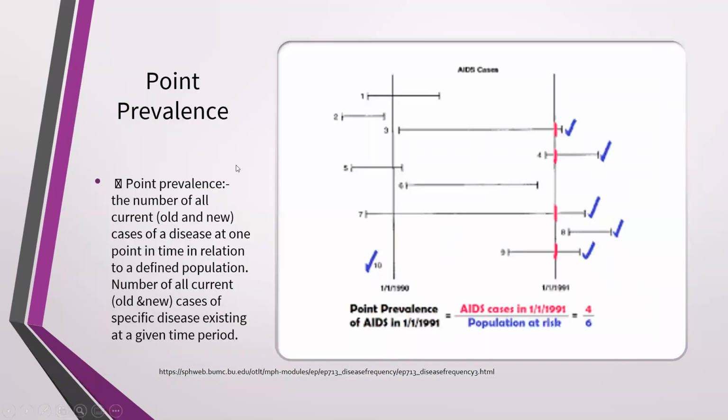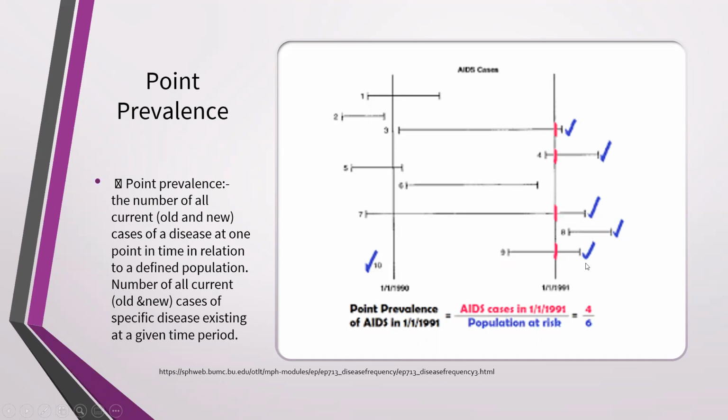So for the point prevalence, it is the number of old and new cases at a given time point. In this case, this line demarks a date, for example some month in 2000s, and we only calculate on this date.